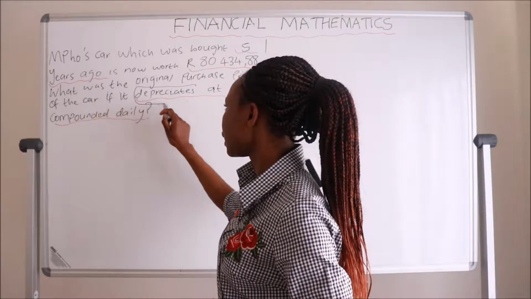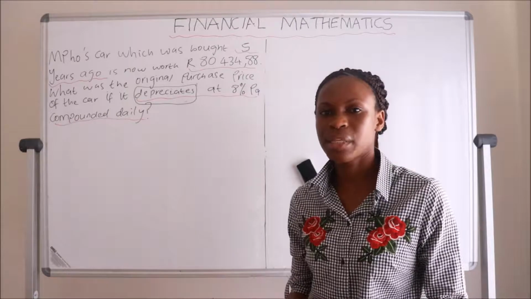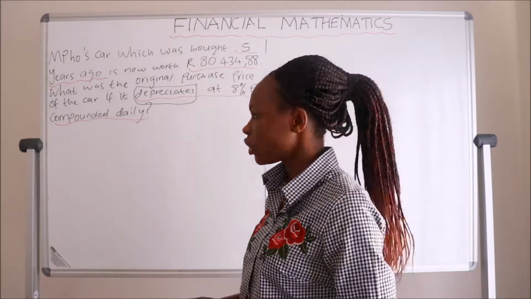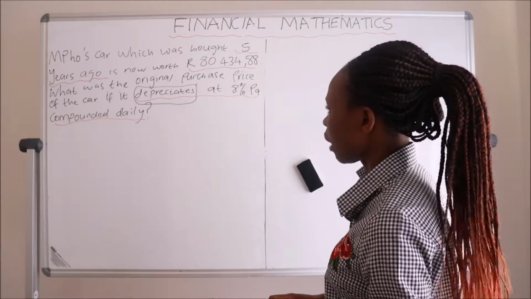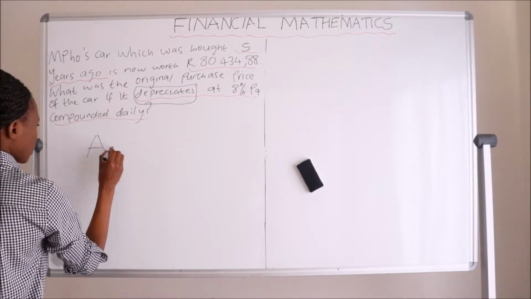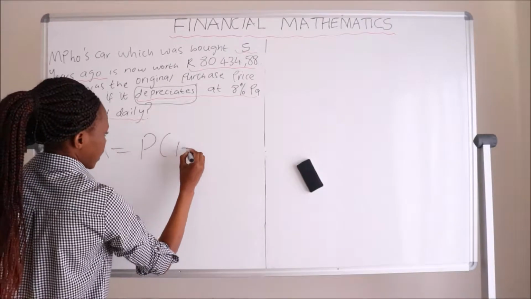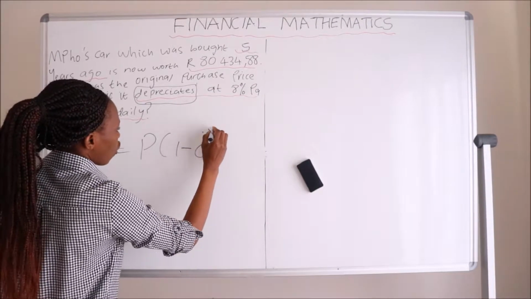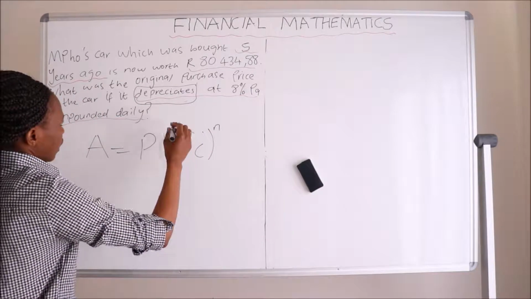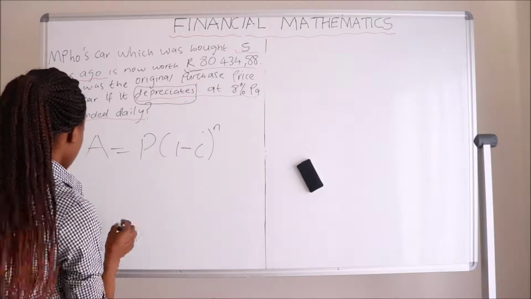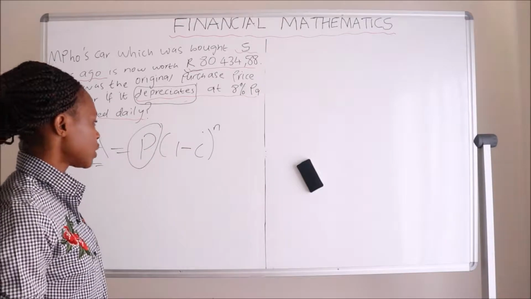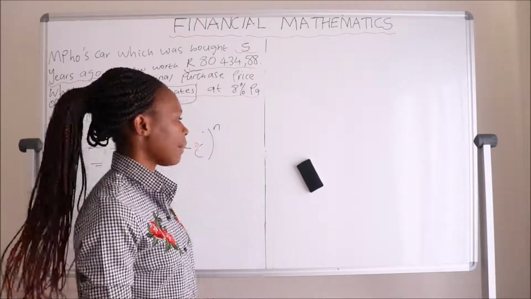They already said that it depreciates, so we have to use the compound decay equation, which has a minus. We are given the now-worth of the car, which is A, and we are looking for P, our principal amount.